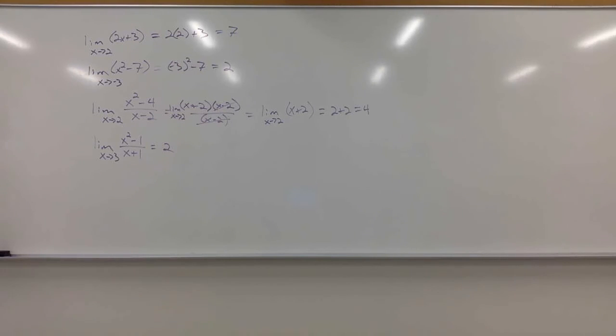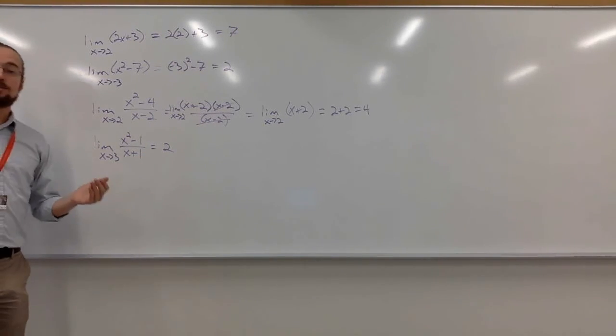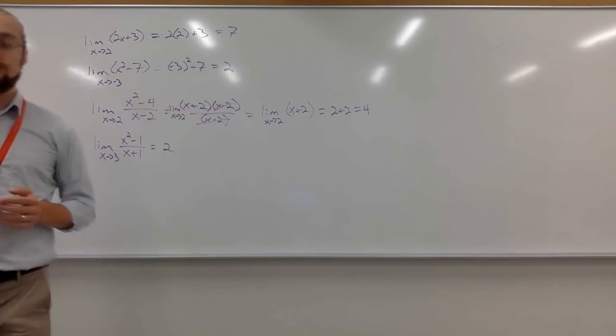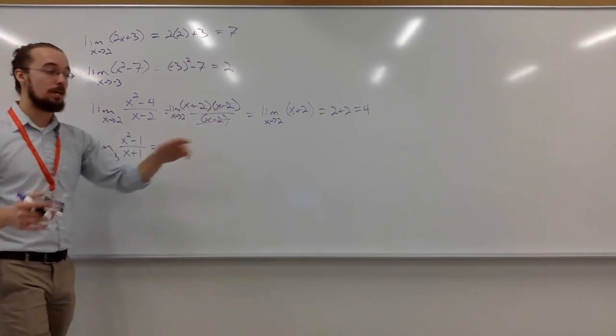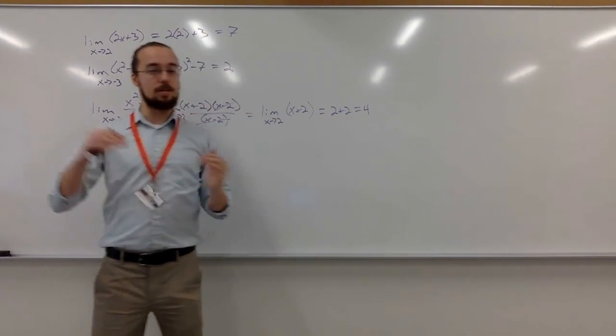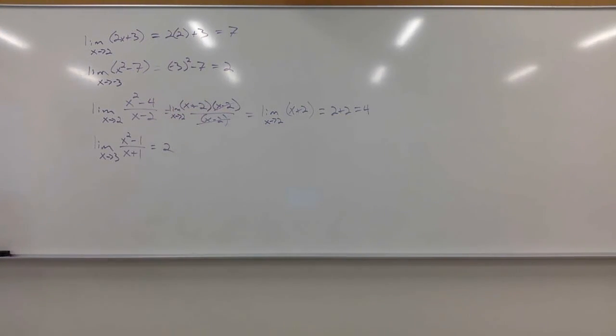If that works, that's my limit. That's the situation where the value of the function is included at that point. In this case, this is where there's a hole in the graph, but the function is still approaching the same value from both sides. Even though there's a hole there, we're still approaching the same value from both sides. Any other questions on this idea?